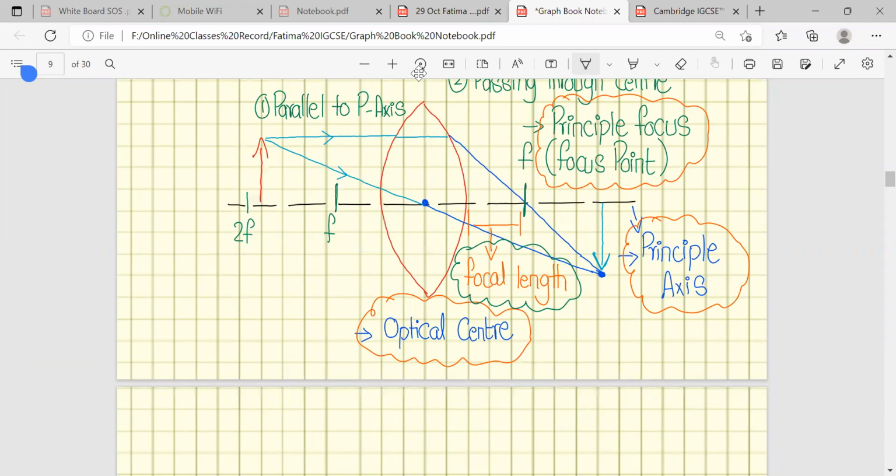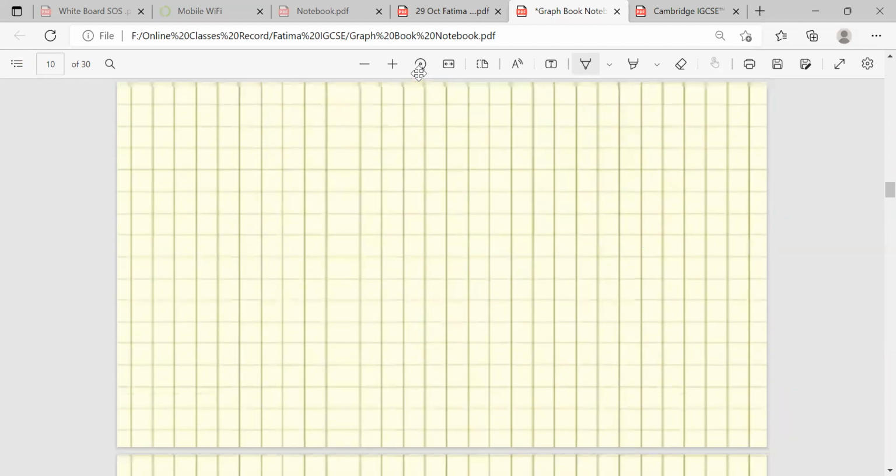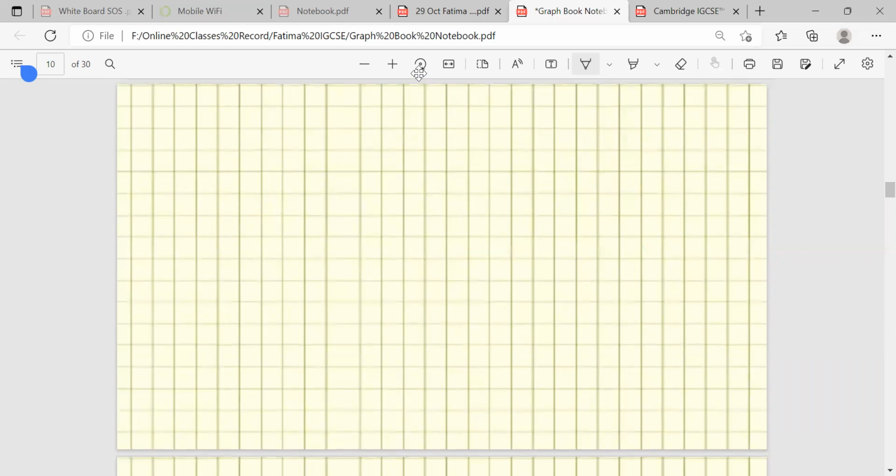And if we discuss the image formation through a convex lens at different points, how the image will be formed at different places. Let's suppose we discuss some points regarding the different positions of the object in front of the lens.